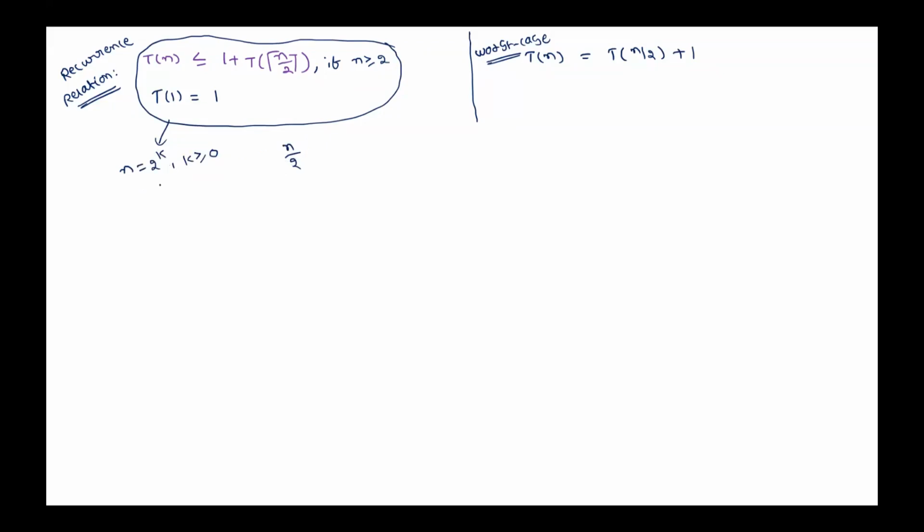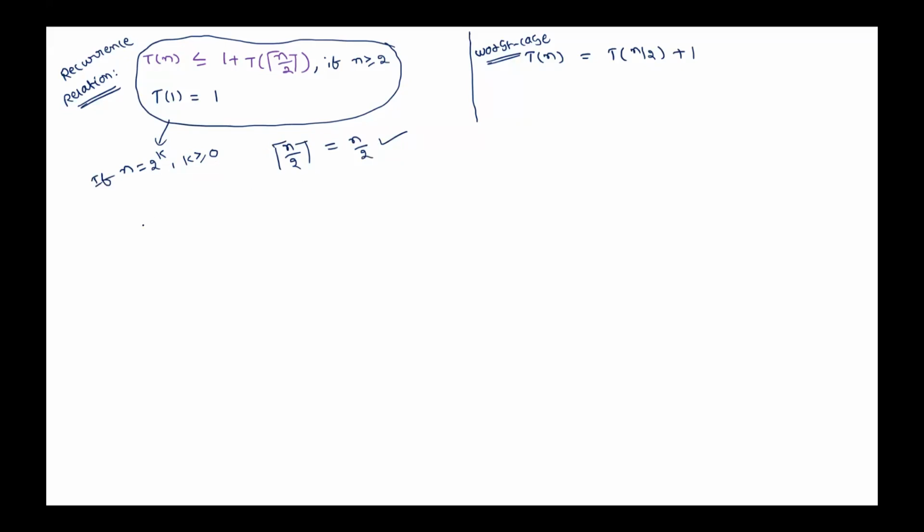If n is of the form 2 power 1, 2 square, 2 cube, 2 power 4, like that, ceiling of n by 2 is the same as n by 2. Both are the same.